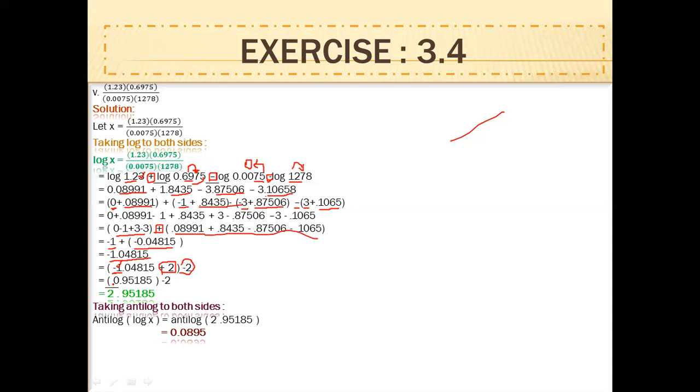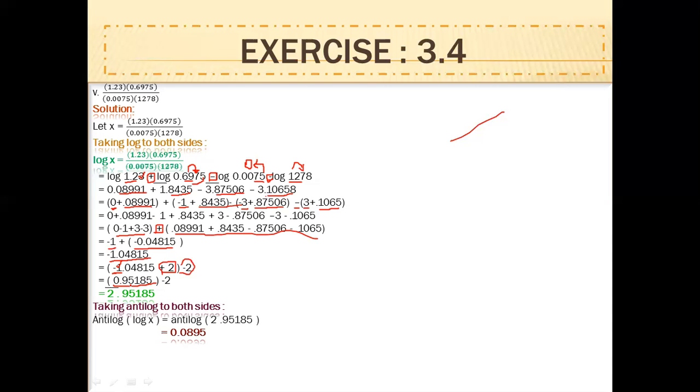We add these two numbers: minus 1.04815 plus 2. Now you see, students, the mantissa becomes positive. This is 0.95185. To make only this number positive, we will do this step.